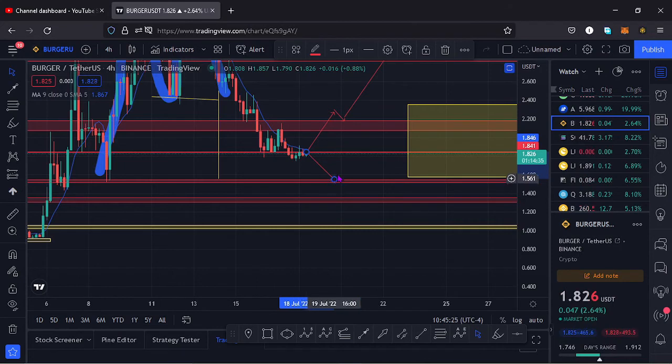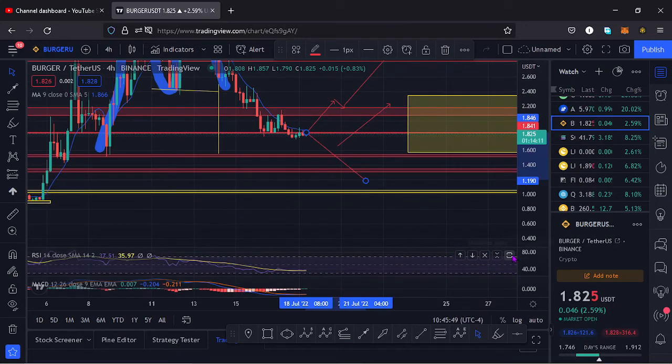And once that happens, we can then have another pump to the upper side and break above all these key areas of resistance, pushing the price of Burger to the upper side. And in case we lose that key area of support, then that would be the worst case scenario for Burger, because we'll be unlocking even lower prices here on the chart.